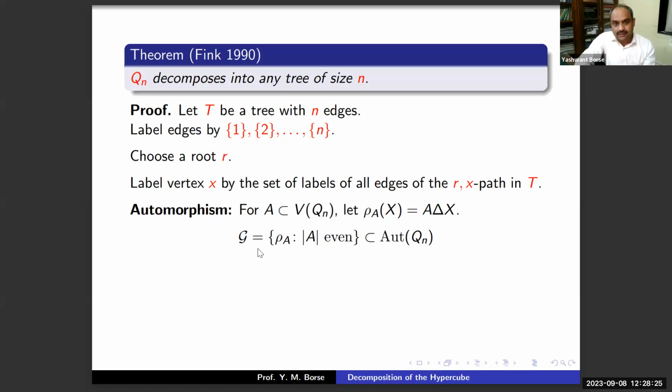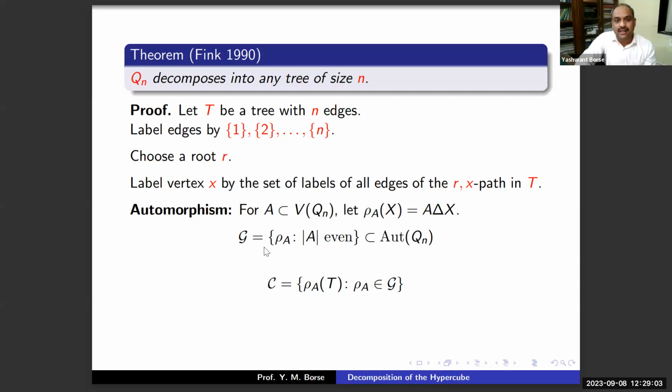And look at this subgroup G of the automorphism group of Qn, consisting of rho A when the size of A is even. So this G is a subgroup of the automorphism group of Qn. Now take this collection: apply rho A on T. T is a tree, rho A is an automorphism, so the image of T under this is also a tree.